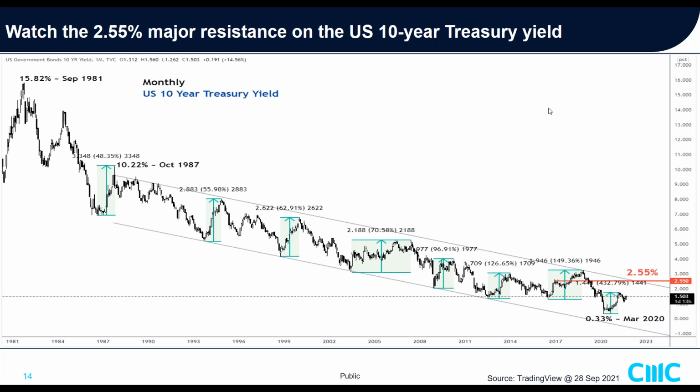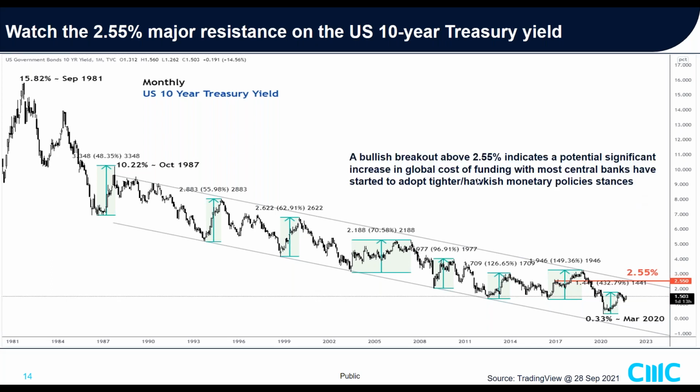So with that in mind, a bullish breakout above 2.5% indicates a potential significant increase in global cost of funding, with most central bankers having started to adopt a tighter, hawkish monetary policy stance now.